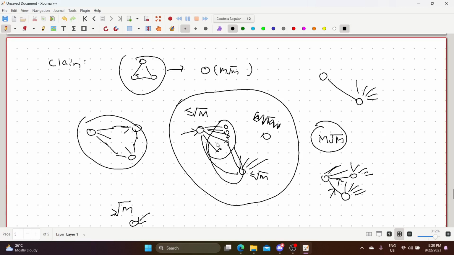Oh wait, okay, now I got it. This also doesn't have to be square root m, as long as only one of them is more than or equal to square root m. Okay, wait, let me get back to what I was saying just now. So for each vertex, we mark all the neighbors as visited. Then for each of the neighbors, we visit.